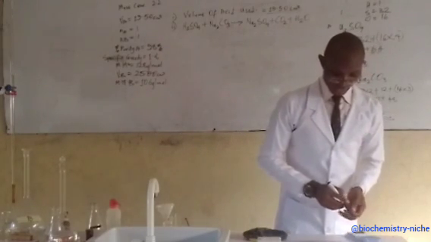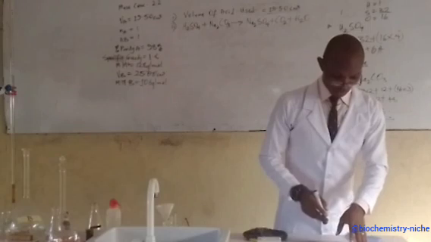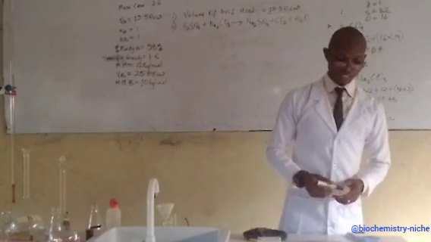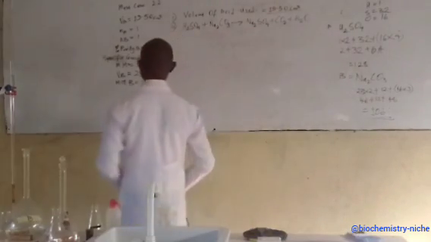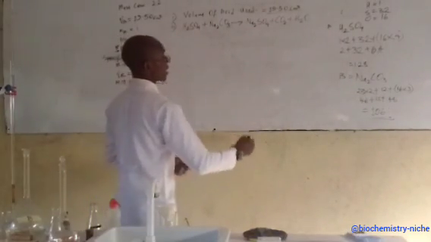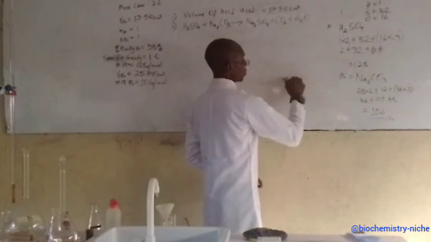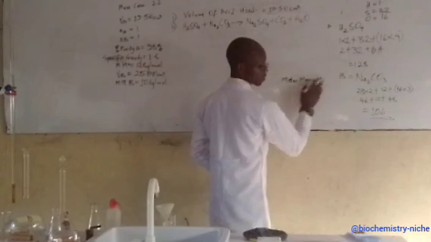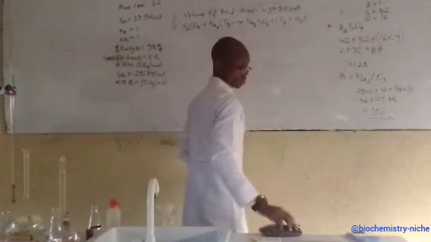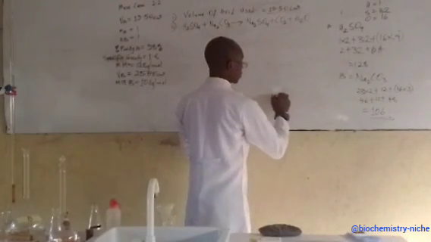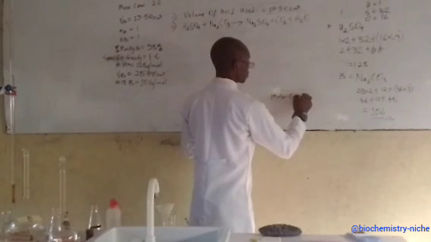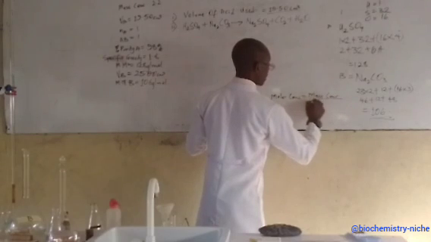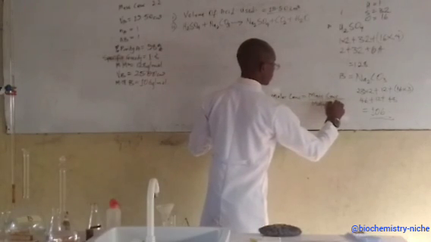So if we have this, the formula, like I said earlier on, is molar concentration equals mass concentration divided by molar mass.